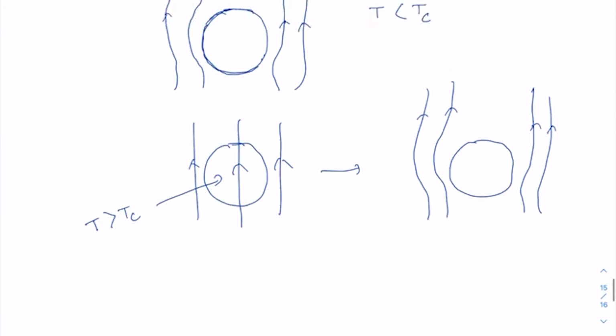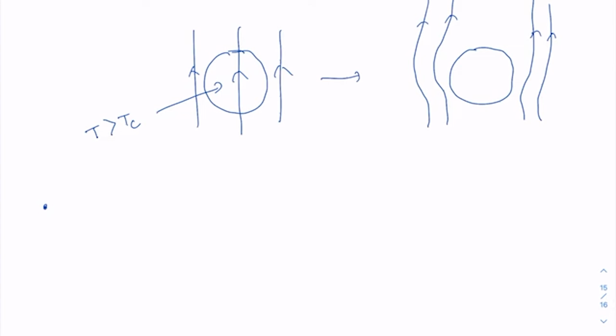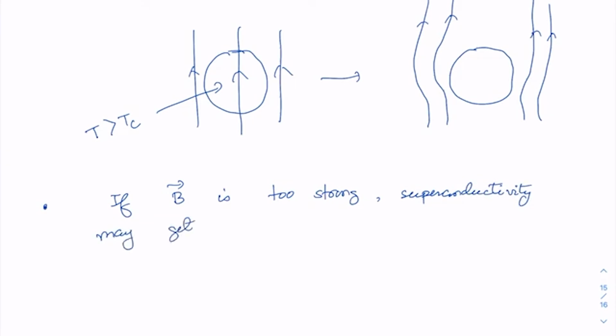However, please note that the superconductor can withstand a magnetic field up to a certain limit only. That means if the strength of the magnetic field B is too strong, then superconductivity may get destroyed.